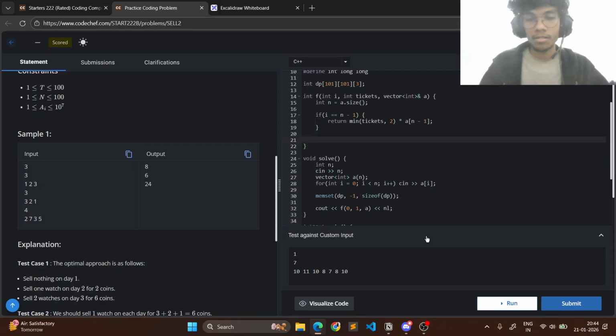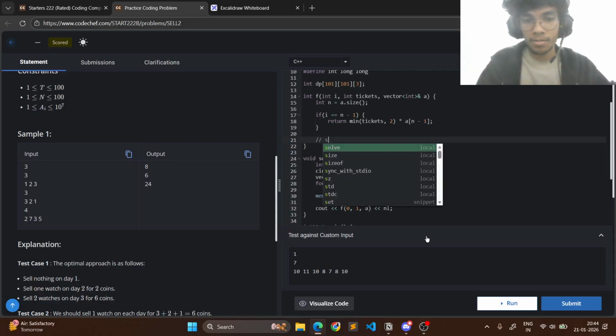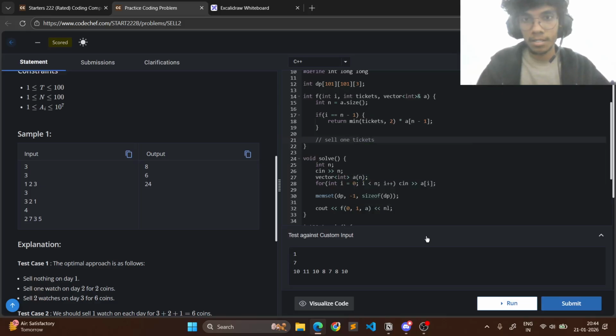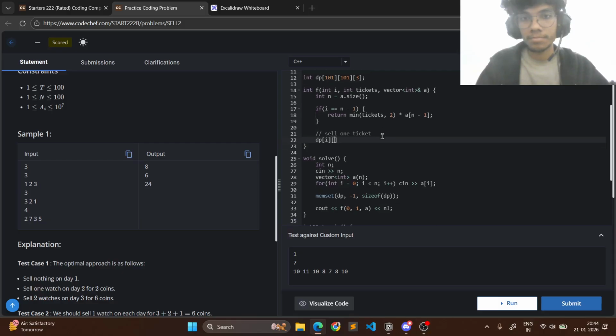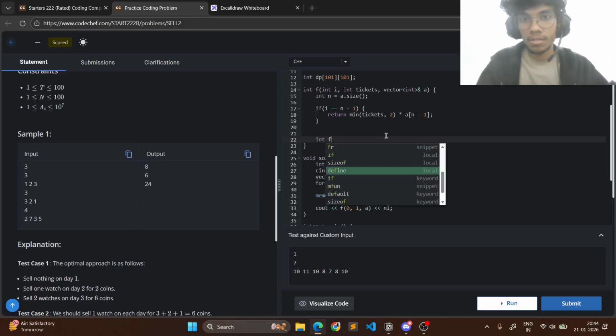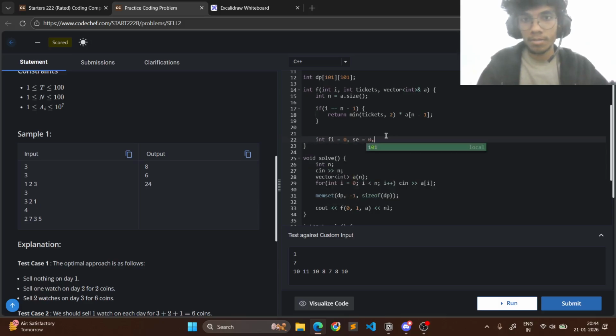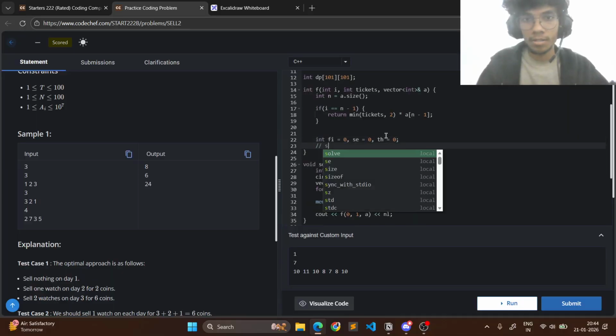Alright, to sell 1 ticket, so dp of i of... I think we don't even need to use this. So let's revert this, I guess. Sell 1 ticket. So fi equals 0, se equals 0, th equals 0.